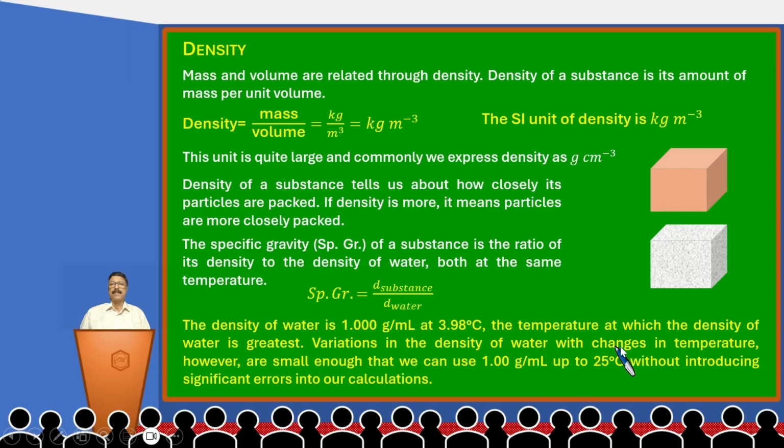Variations in the density of water with changes in temperature, however, are small enough that we can use 1 gram per ml up to 25 degrees Celsius without introducing significant errors into our calculations.